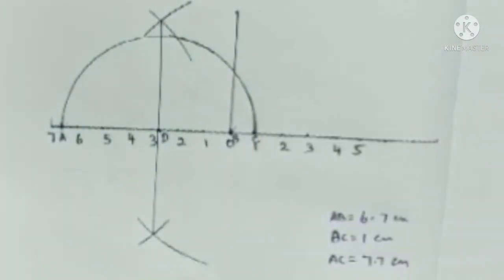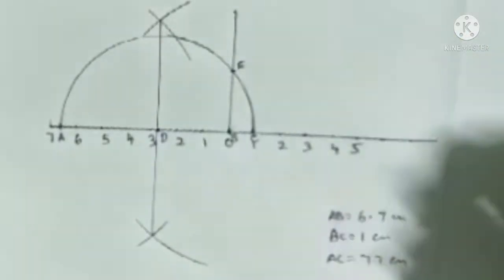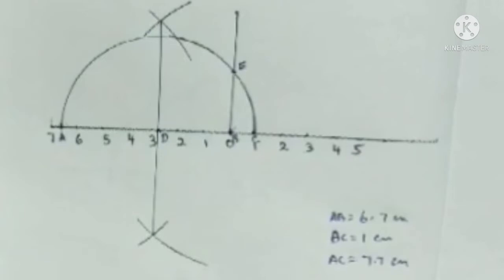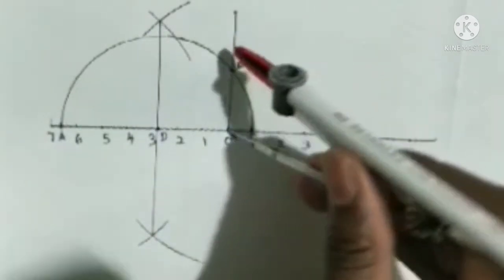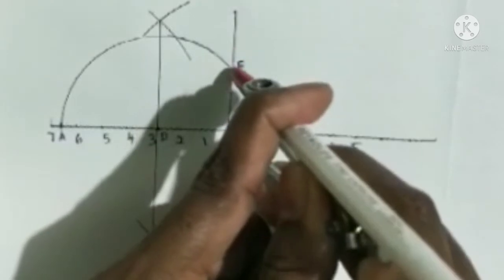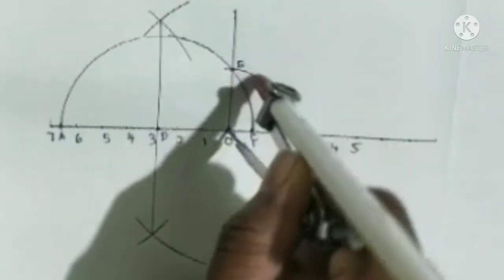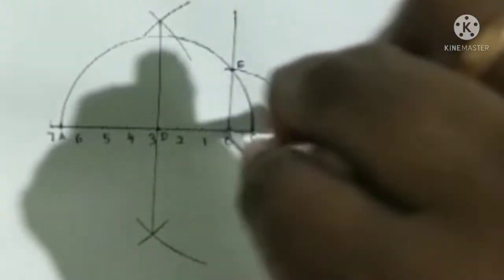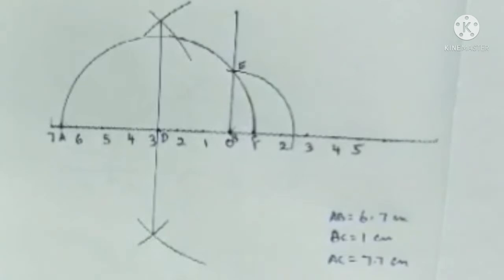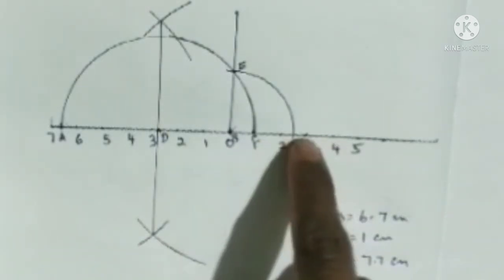Okay, that point is E. Measure BE, then draw the arc. That arc intersects the number line.